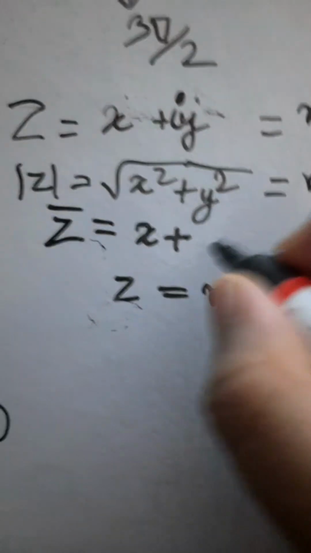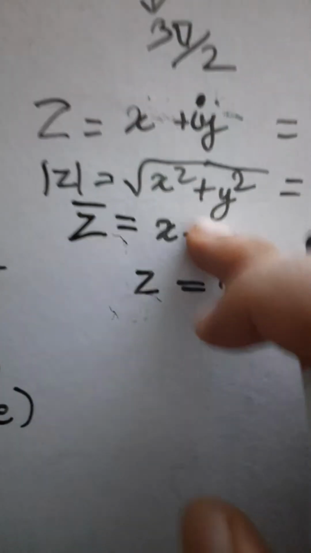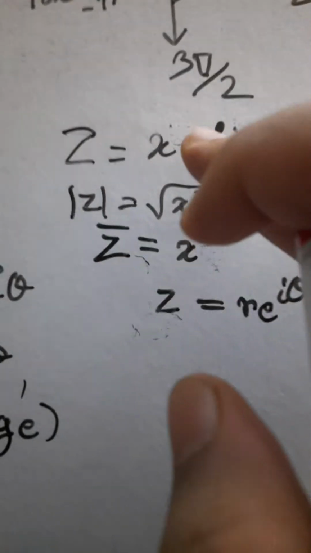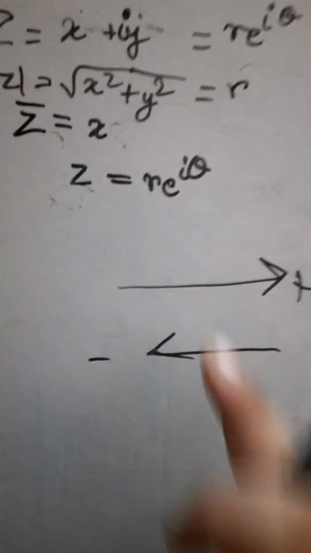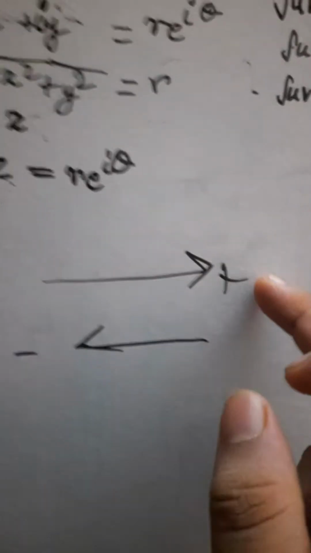The conjugate: if z is equal to x plus iy, then in the conjugate we change the imaginary part. Like an arrow going this way, we change its direction. This one goes to the positive side, then it goes to the negative side. Magnitude is the same, size will be the same, only direction will change.